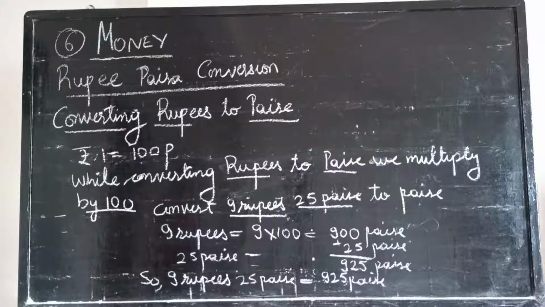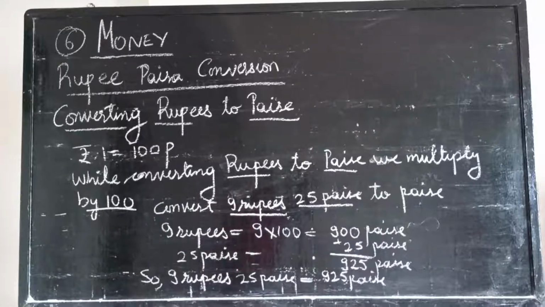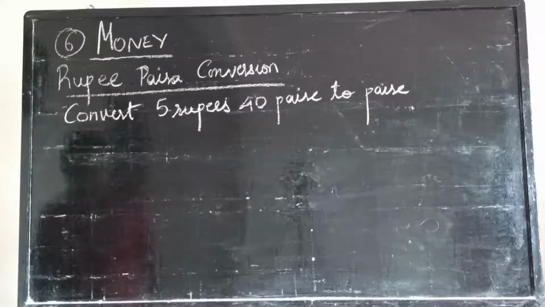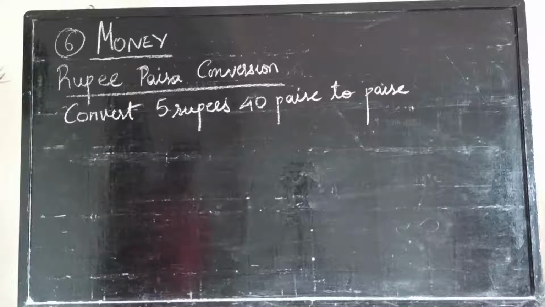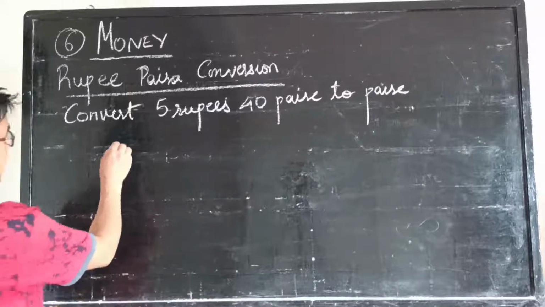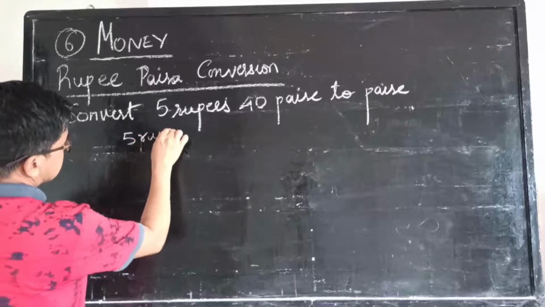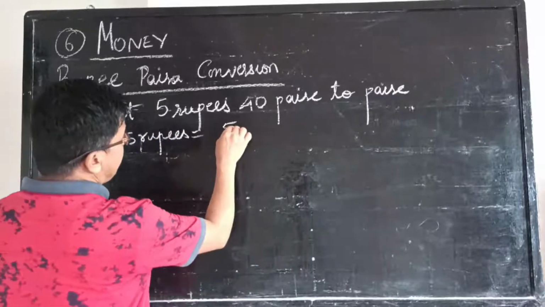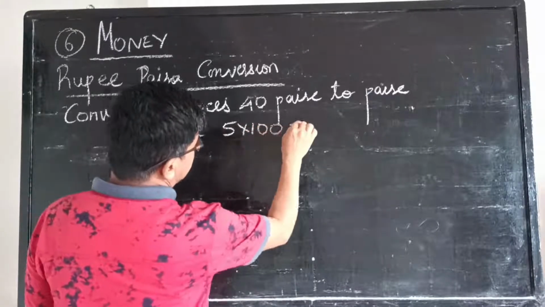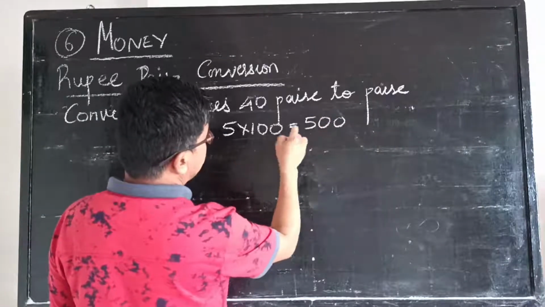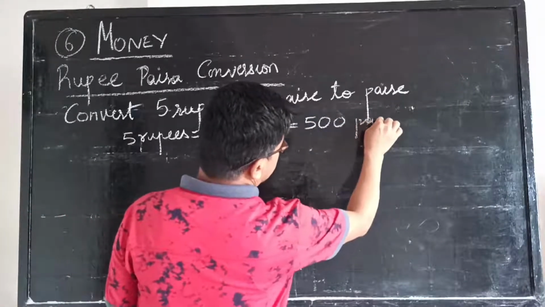Now we will look at the next example. Now next we come to convert 5 rupees 40 paise into paise. We know that when we convert rupees into paise, we have to multiply by 100. Now 5 rupees is equal to 5 into 100, that is equal to 500 paise.